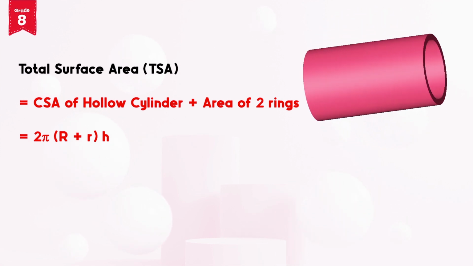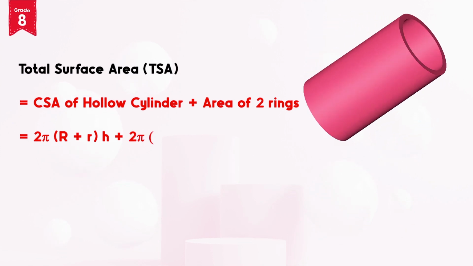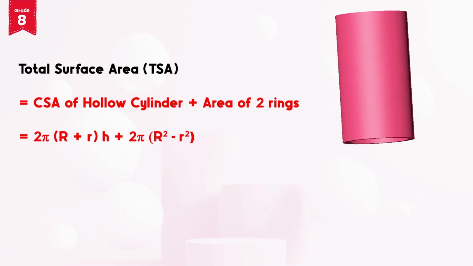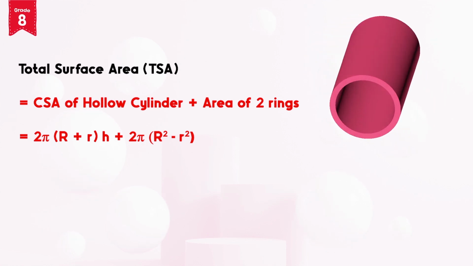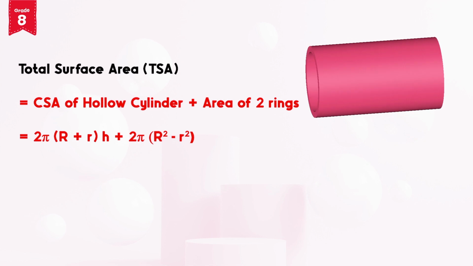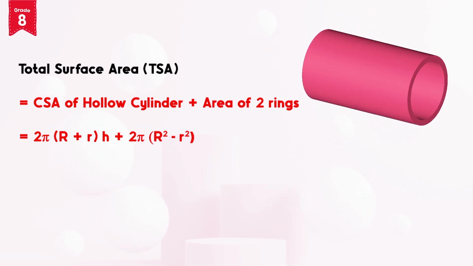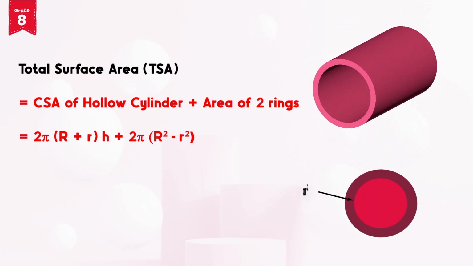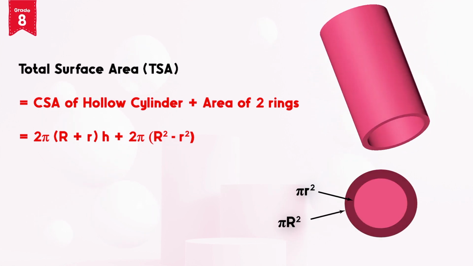that is the curved surface area of the hollow cylinder, plus 2 pi multiplied by capital R square minus small r square, which is the formula for the two rings at the top and the bottom of the hollow cylinder. Please don't get confused and be informed that to find the area of circular rings, we need to subtract the area of the inner circle from the area of the outer circle.